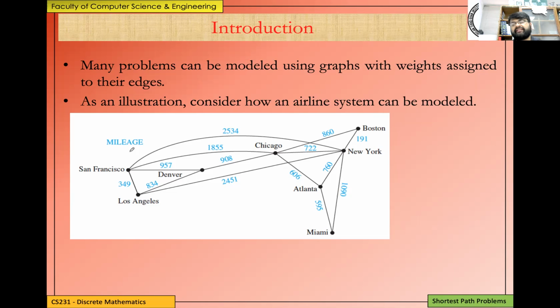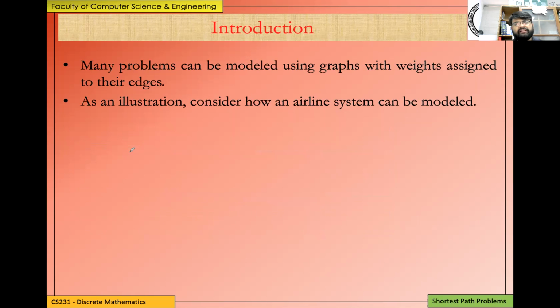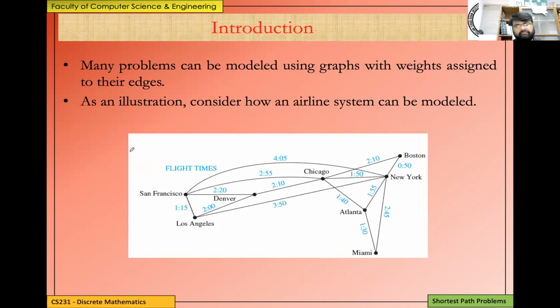Since this is an undirected graph, going from San Francisco to New York or from New York to San Francisco, the distance traveled is the same: 2,534 miles.